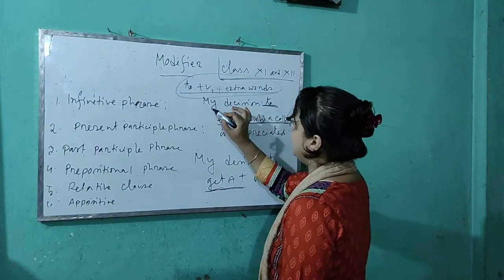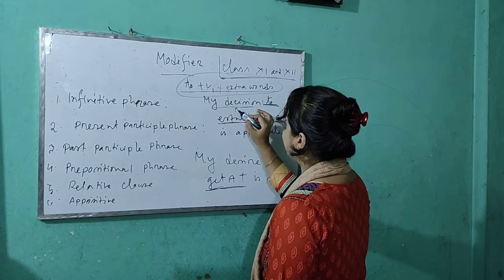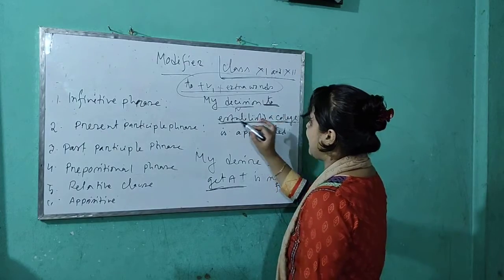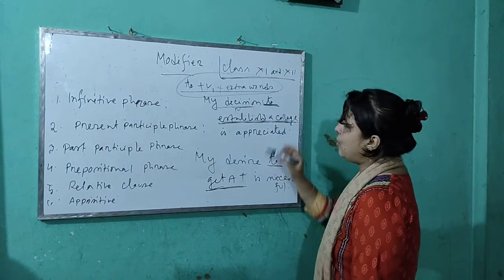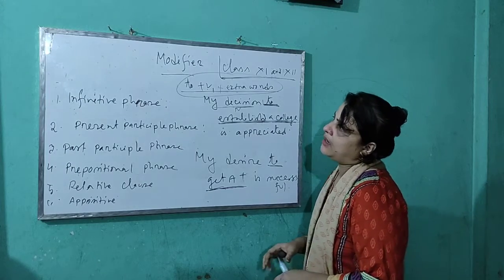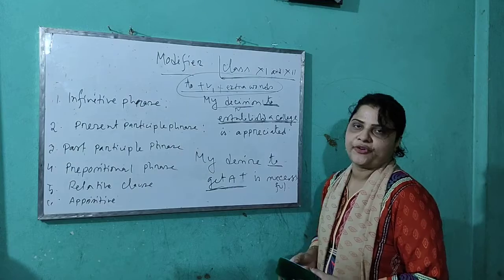You see, in "my decision", after this noun "decision" you have used "to establish a college". So this infinitive phrase is used as a post-modifier.